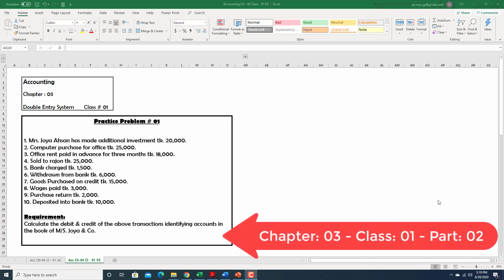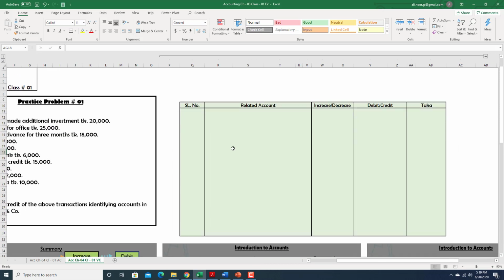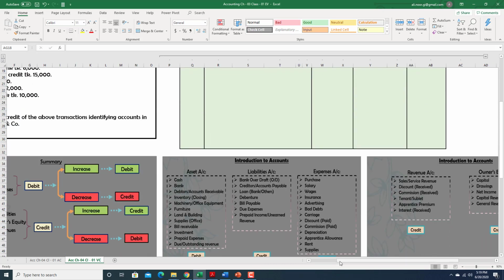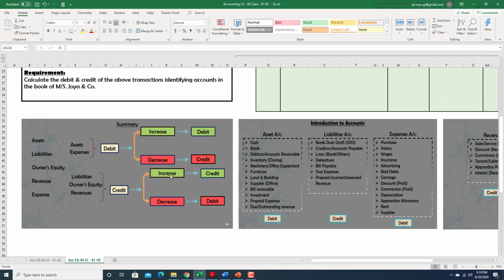Well, this is the math we are going to solve today. As usual, I have already prepared my table for solving this problem. Along with the table, I attached three images of my presentation that are taken from earlier videos.